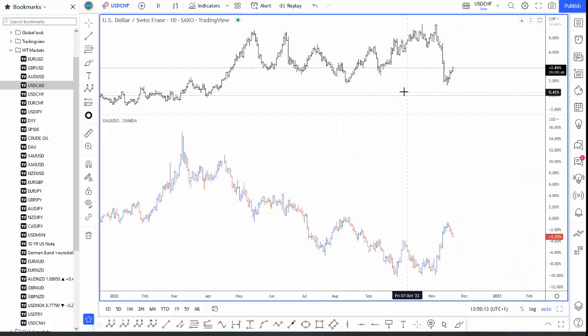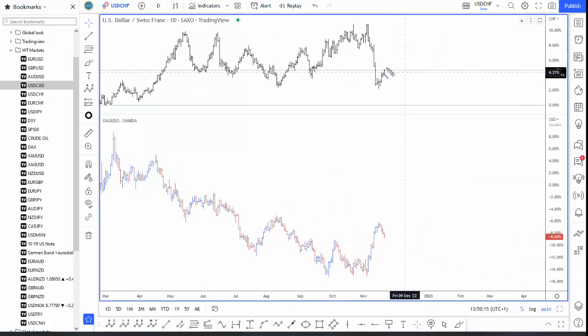Well, if we think that dollar Swiss will continue lower, then I think that gold will move to the upside after the pullback. Why? Because you can see that Swiss franc, okay, and gold are positively correlated. So if Swiss franc will move higher, the gold will follow. In other words, if dollar Swiss will drop, the gold will rise. If the dollar Swiss franc pair will rise, the gold will most likely move to the downside.